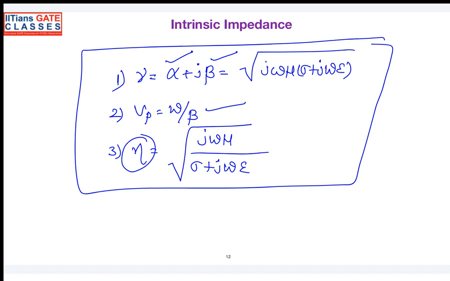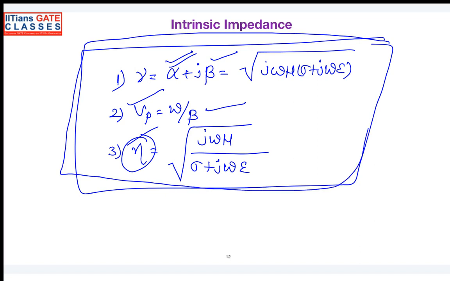Further in our discussion, we will see how the wave propagates in different media, and see what the attenuation, velocity, and impedance are. Ultimately, it basically depends upon these three equations only. So do you have any questions related to the three equations? You can ask me now.